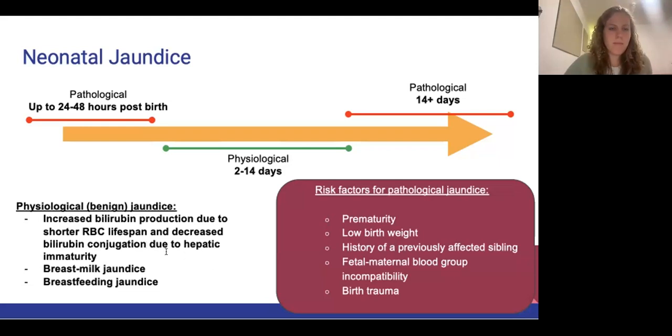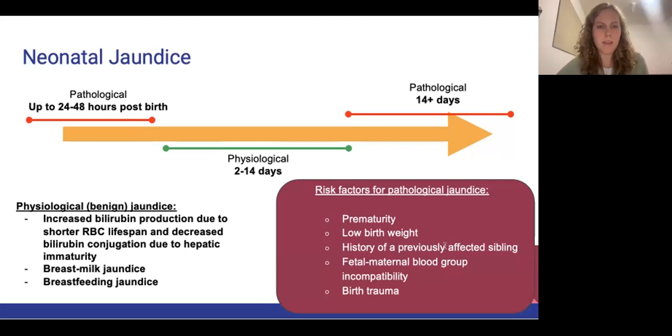So because the liver is a bit immature in babies often, it's not able to conjugate the bilirubin very quickly, and so you end up with this buildup, and then you get jaundice, which is called breast milk jaundice.